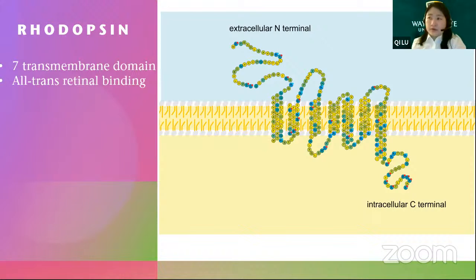Based on the 2D structure analysis of the amino acids of channelrhodopsin, we know that it has 7 transmembrane domains, and all-trans retinal is bound in the center of the whole molecule.